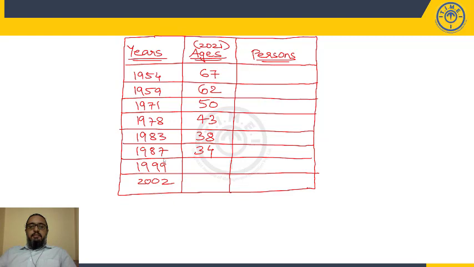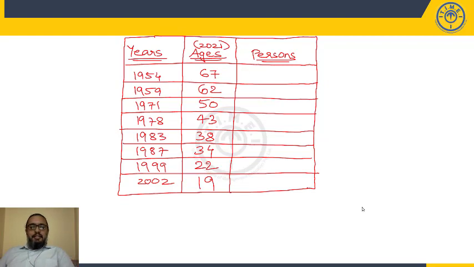Then from 87 to 99. So you have 10 plus 2. Again, 12 years. So here you do minus 12, you get 22. And then here 2002, you will get 19. So these are the ages we get.